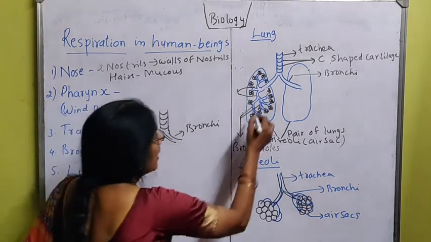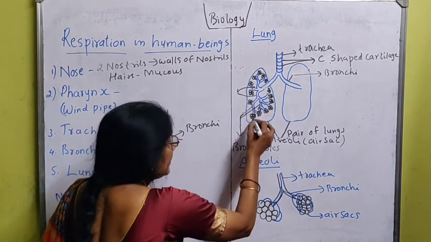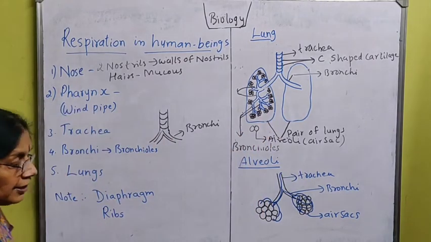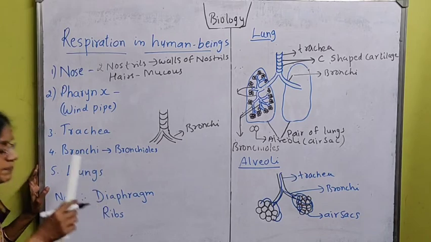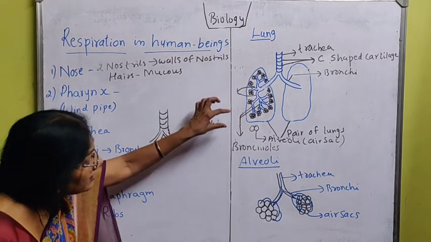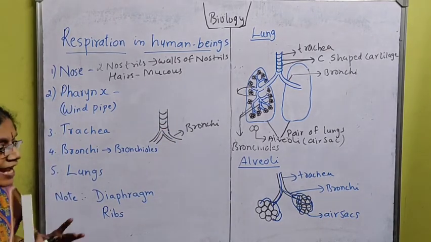From the bronchi, the air enters the bronchioles, and at the end, it enters the air sacs. The diaphragm and ribs, I told you what happens. When the air enters the air sacs, what will happen?